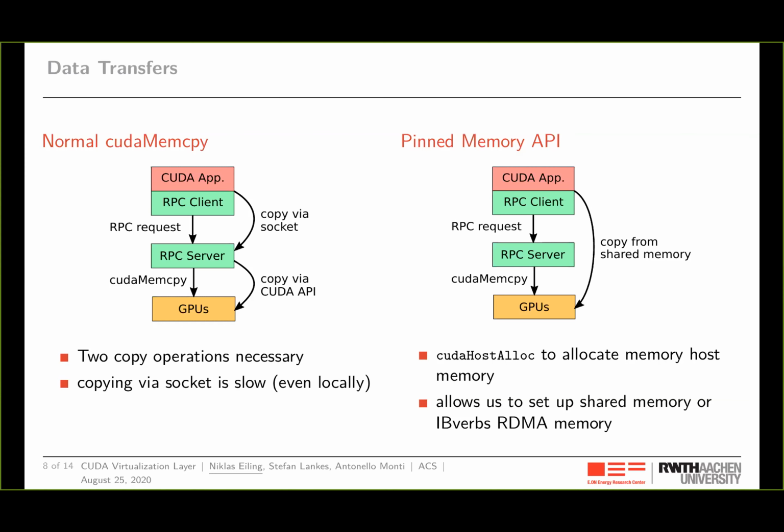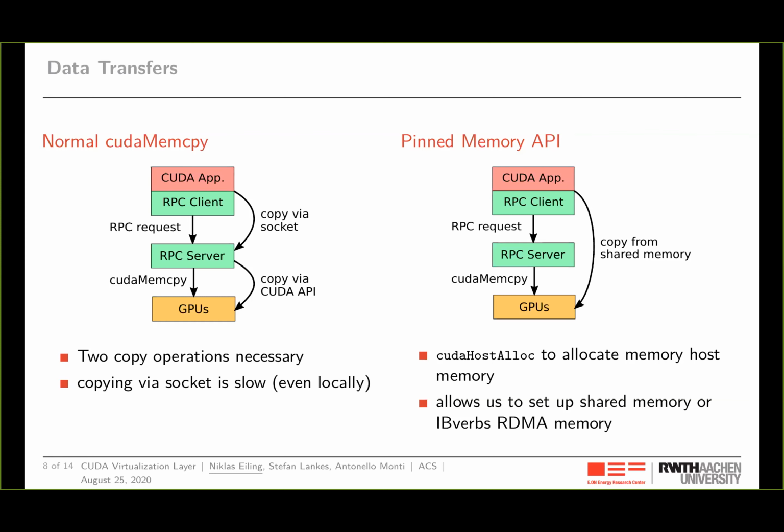Fortunately, there's also the pinned memory API, where during the allocation of the host memory, instead of libc's malloc function, we can use CUDA host alloc to allocate the host memory, and then increase the performance when we want to transfer to the GPU.